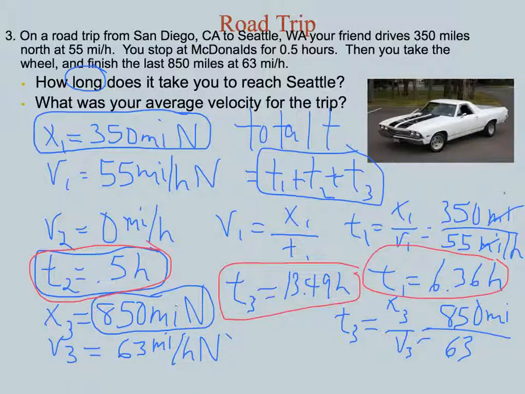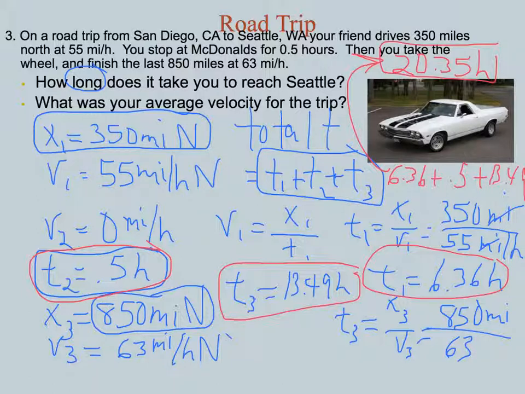Let's do it in the order that's listed: 6.36 plus 0.5 plus 13.49, and that ends up giving us 20.35 hours for our first answer. So 20.35 hours to make the driving trip.